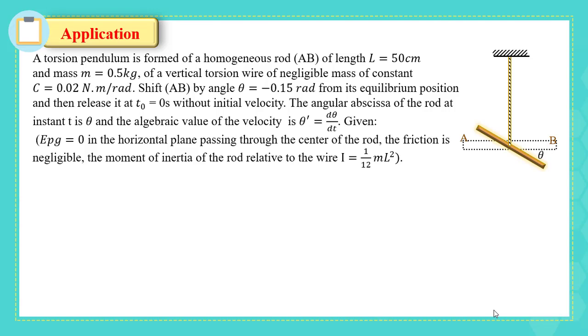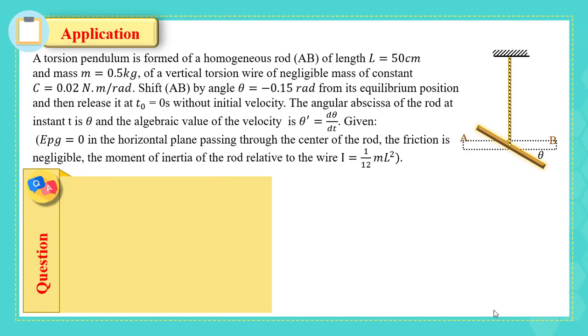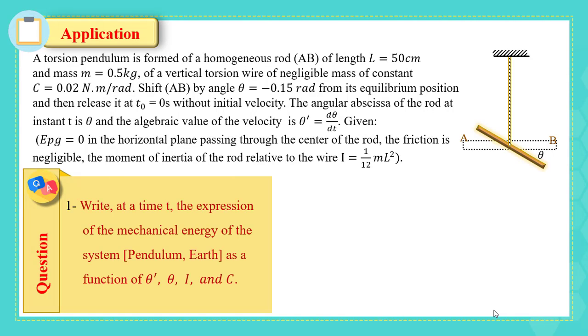Given that the angular abscissa of the rod at instant t is theta and the algebraic value of its velocity is theta prime equals d theta by dt, the gravitational potential energy is 0 at the horizontal plane passing through the center of the rod. The friction is negligible. The moment of inertia of the rod relative to the wire is 1 over 12 m L squared. I want you please to pause the video at each part and try to think of it and solve it alone.